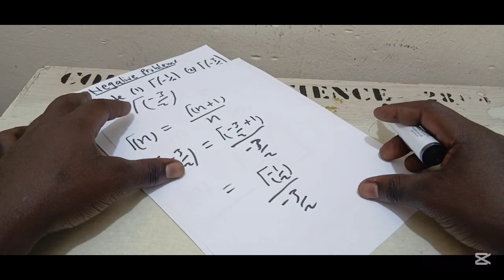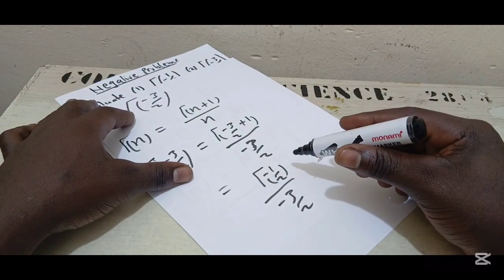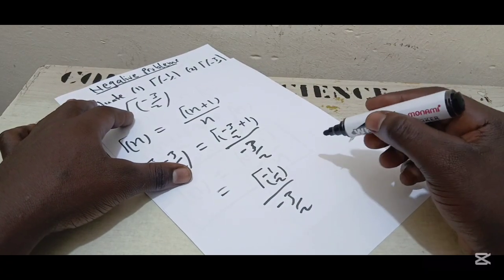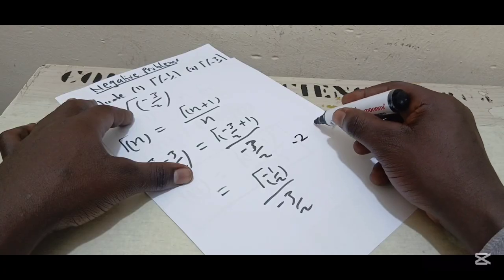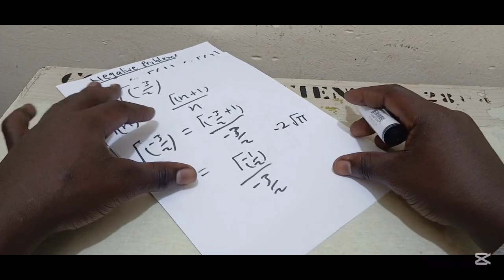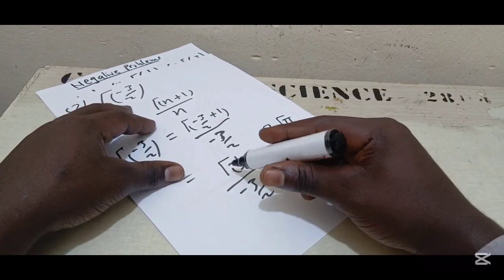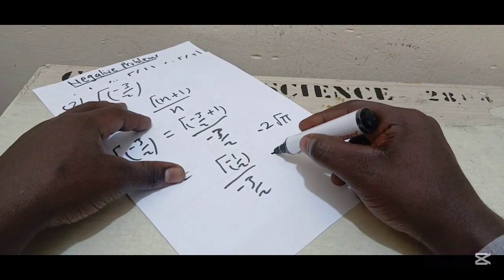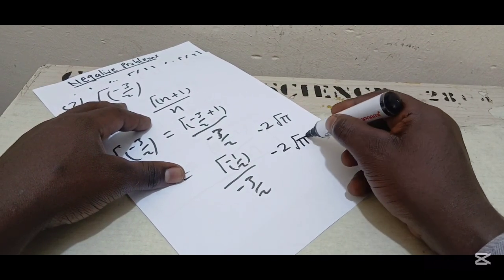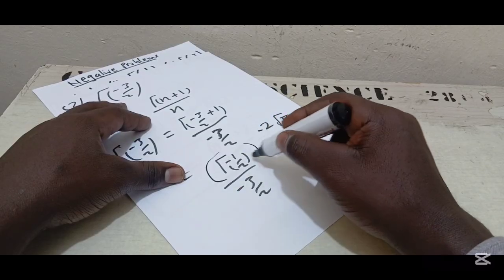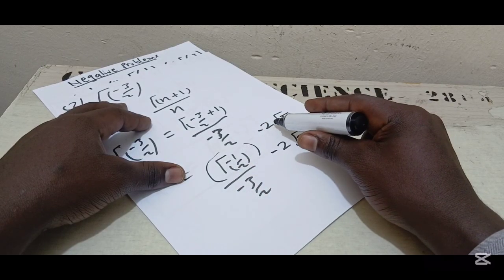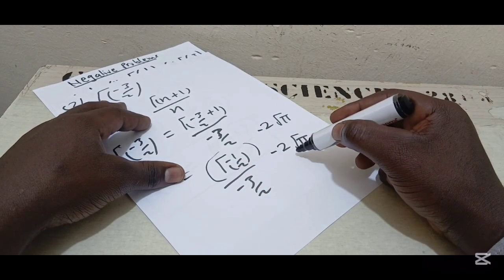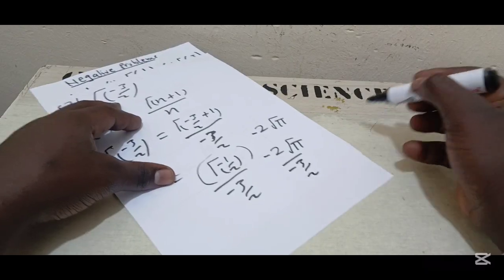And from our previous example, we know that gamma minus half is minus 2 root pi, right? So we are allowed to also substitute this in order to not waste time. So minus 2 root pi, all on minus 3 on 2.